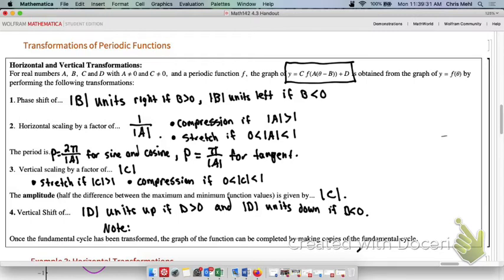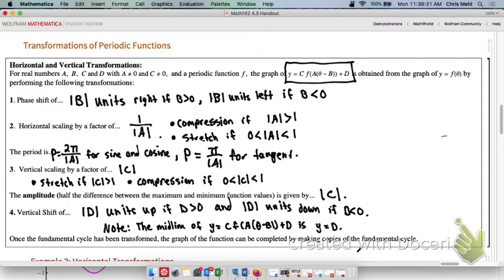The midline of sine and cosine is y equals 0, because again, 0 is the value halfway between the maximum and minimum. So the midline of the transformed function, and this is the middle value, the midline of y equals C f of A times theta minus B plus D is the horizontal line y equals capital D.